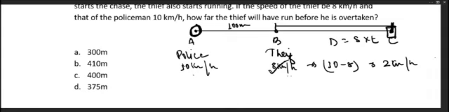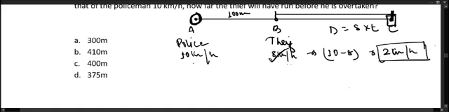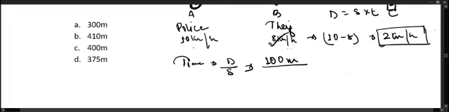From here we will calculate the time taken by the thief. That is, time is equal to distance upon speed. We have been given the distance in meters, and the speed in kilometer per hour.